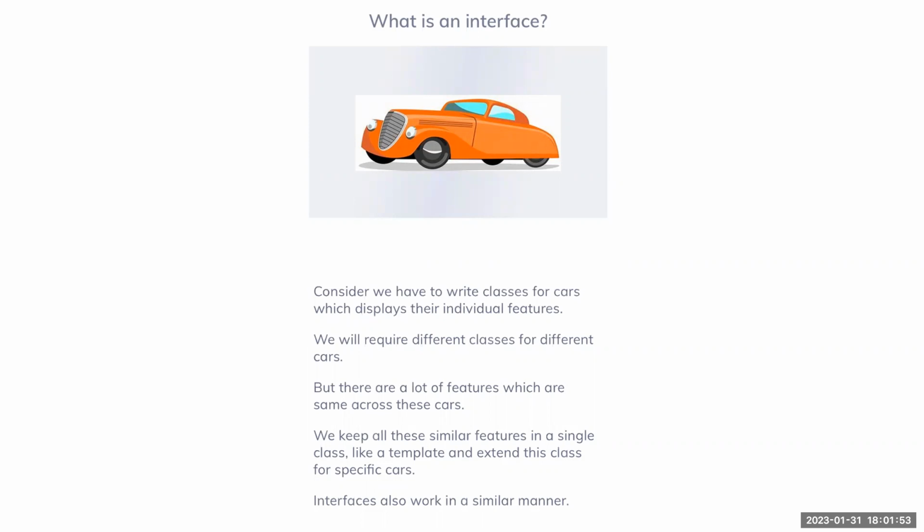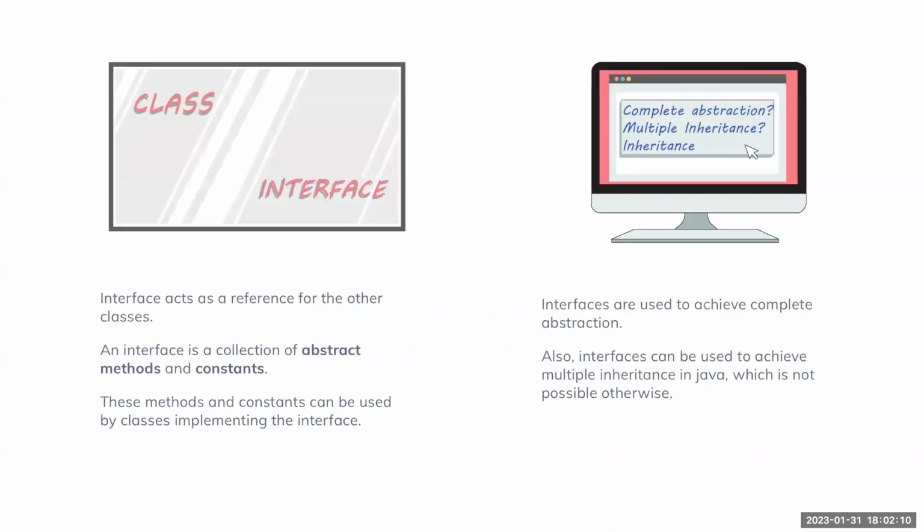So what exactly does an interface do? An interface also works in a similar manner. Interface acts as a reference for the other classes. In the class you can write a method implementation, and you can write some logic into that method, right?